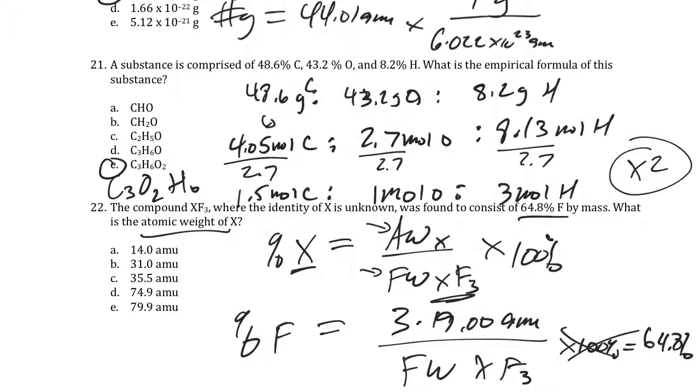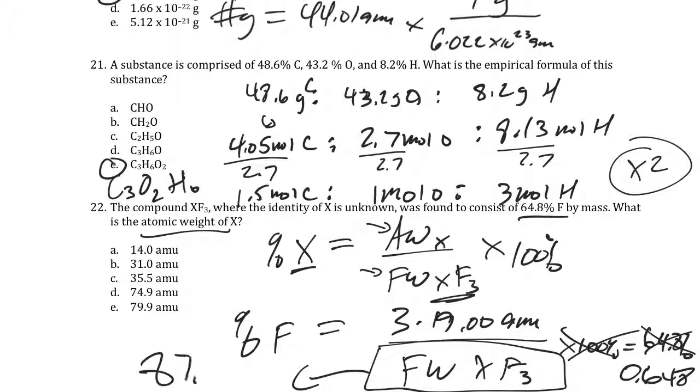And so then I can get rid of the percent, go to a fraction, solve for the formula weight of XF3, cross multiply, so I divide 3 times 19.00 by 0.648, which works out to a formula weight of 87.96. So that gives me a formula weight of 87.96 AMU.